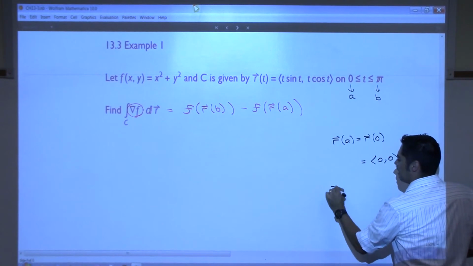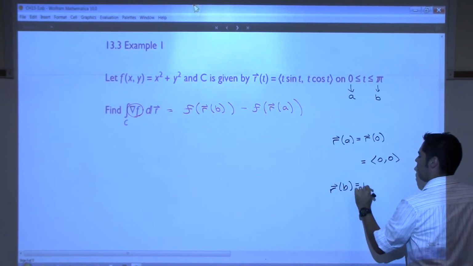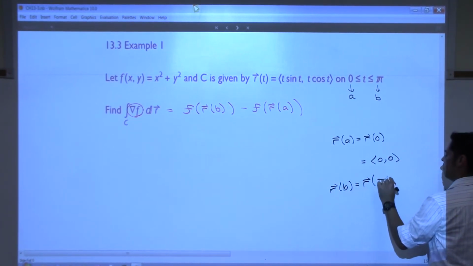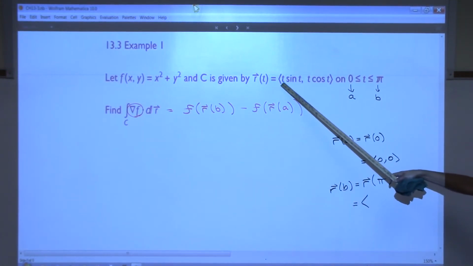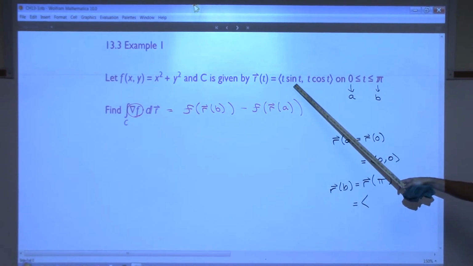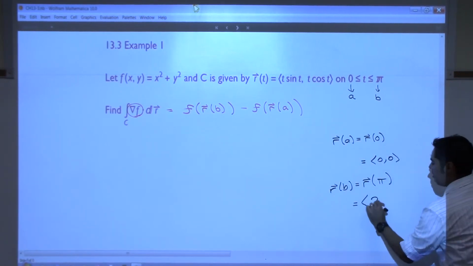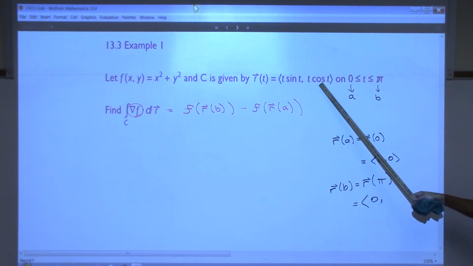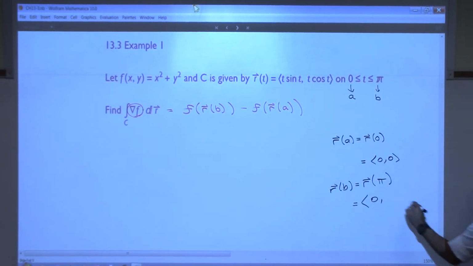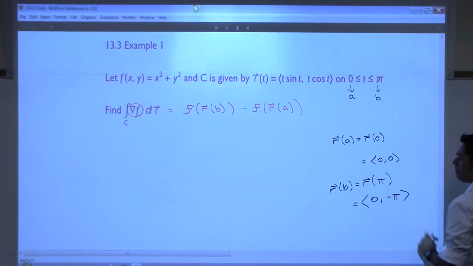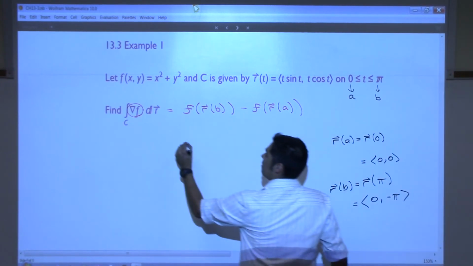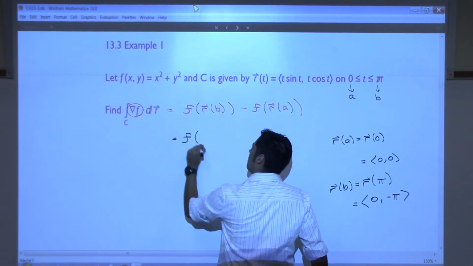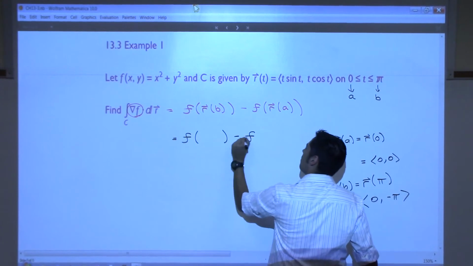Let's figure out what r of b is. That's r of pi, which would give me what? What's sine of pi? 0, so this is 0, and then pi times cosine of pi. Cosine of pi is negative 1, so we get negative pi. So according to the fundamental theorem of line integrals, this is just equal to f evaluated somewhere minus f evaluated somewhere.